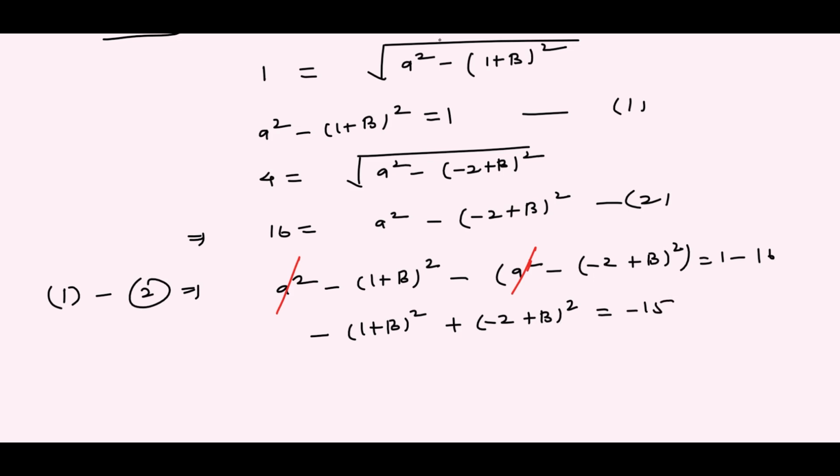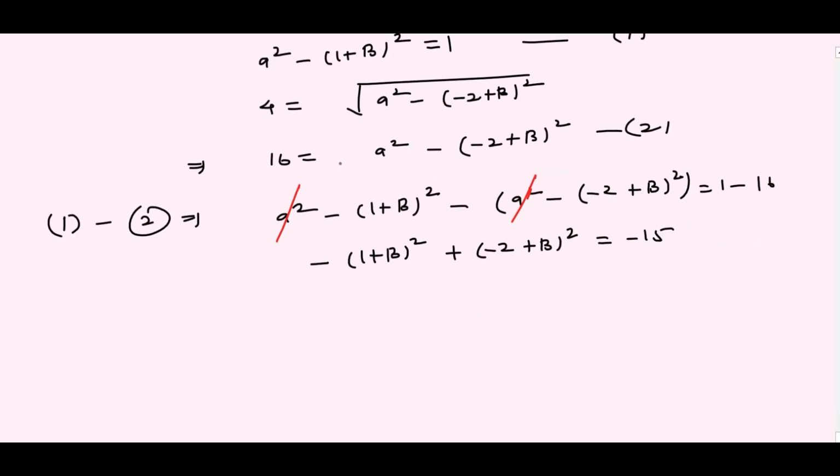So further simplifying, it will give minus 1 plus 2 times of b plus b square plus 4 minus 4b plus b square is equal to minus 15.